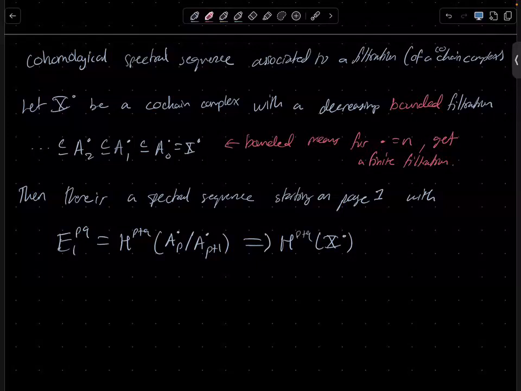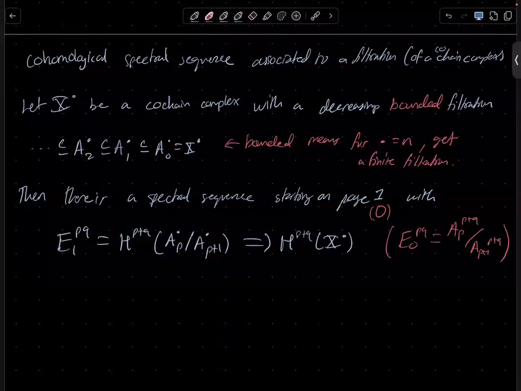Okay, I can make a remark here maybe that you can actually start this on page 0. You have some choices here. You can actually do E0^{p,q}. You can just define it to be A^p^{p+q} mod A^{p+1}^{p+q}.